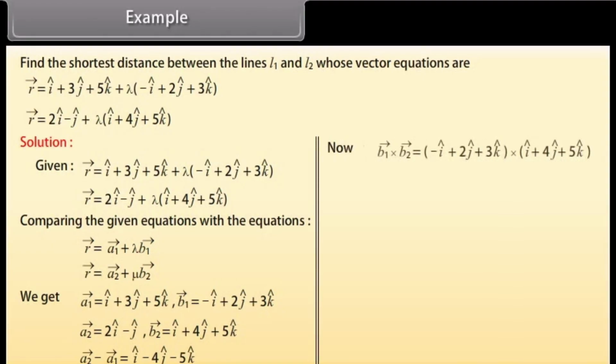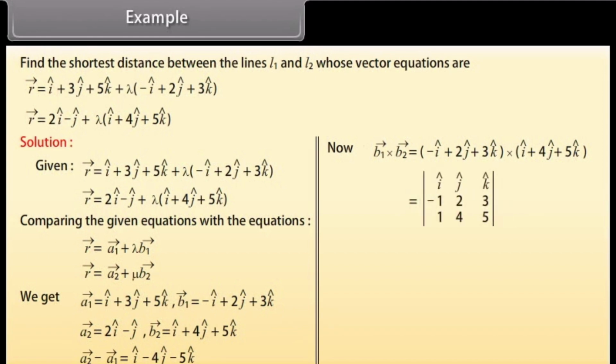Now, the cross product of vector b1 and vector b2 is (minus i plus 2j plus 3k) cross (i plus 4j plus 5k) equals the determinant, row-wise, first row i, j, k, second row minus 1, 2, 3, third row 1, 4, 5, equals minus 2i plus 8j minus 6k.